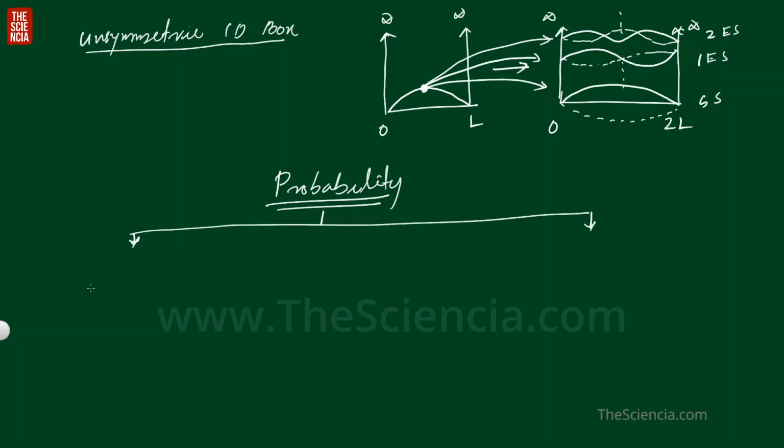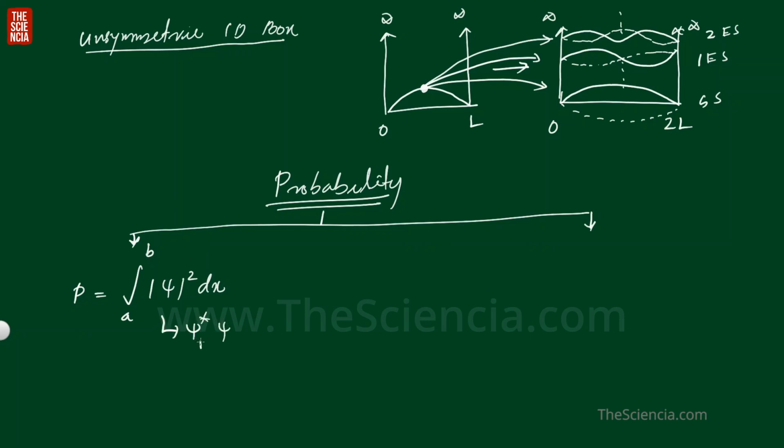What is that? Probability is equal to integral of mod psi squared dx. So if you want to find out the probability of finding the particle in an interval a to b, then the limit of the integral should be a to b. Then you can find out the probability of finding the particle. Here, what we took is nothing but psi star psi.